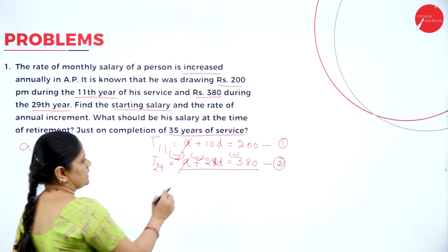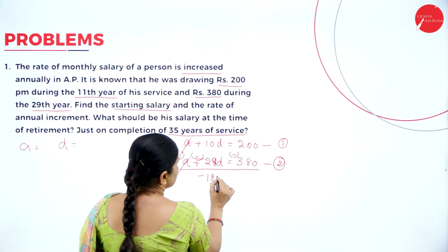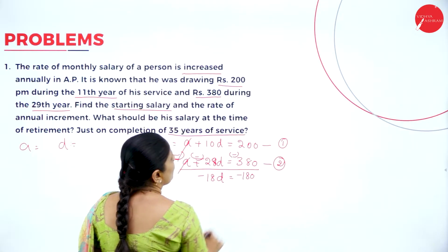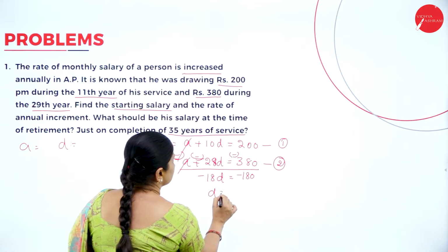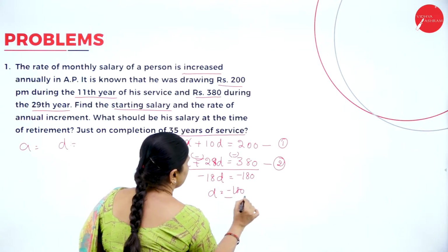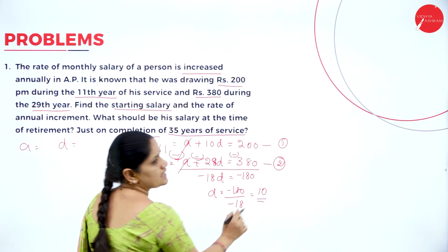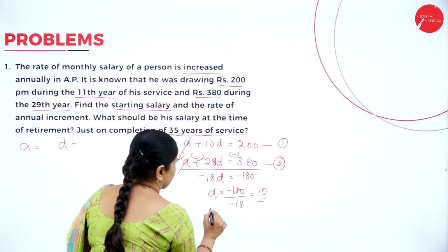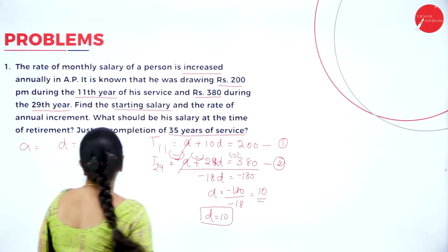So, 28 minus 10 gives 18D equals 380 minus 200, that is 180. So, D will be equal to 180 divided by 18. So, 10 is the answer. D equals 10. So, he gets an annual increment of 10 rupees.